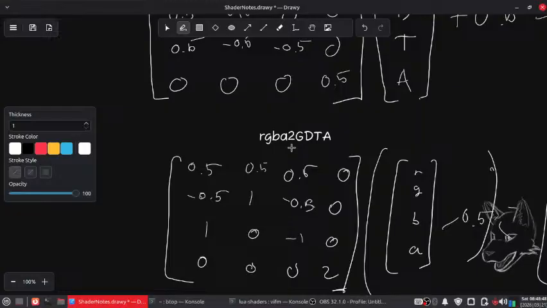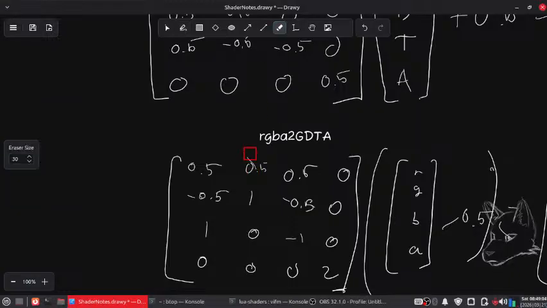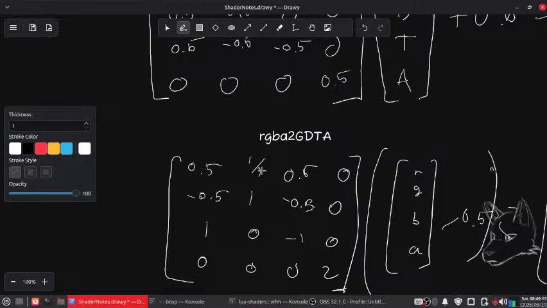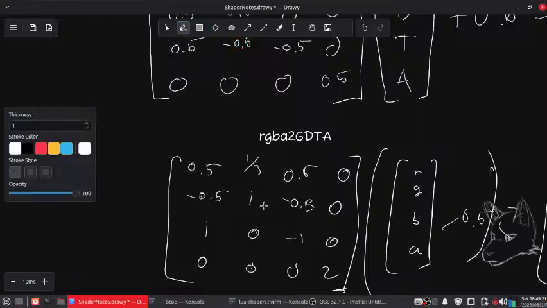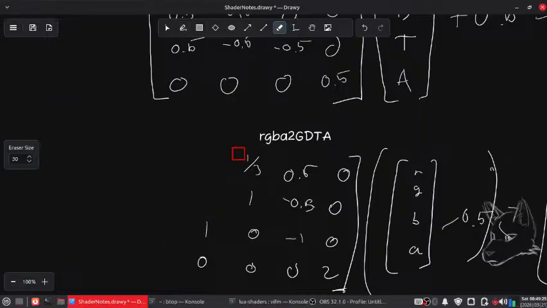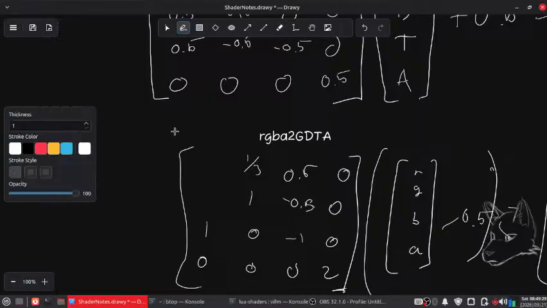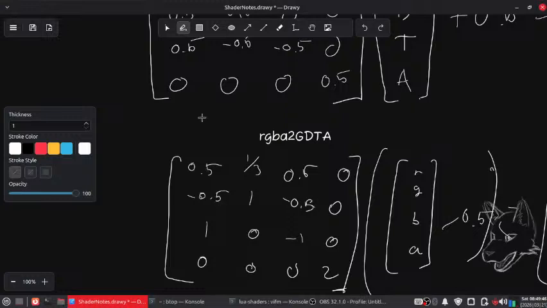Okay, so what if it's fractional, right? What if it's fractional? Man, how are these both minus?